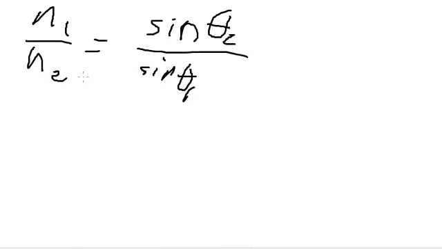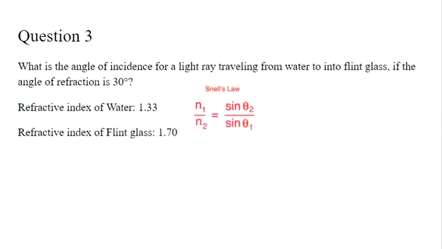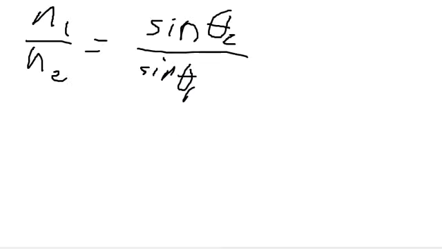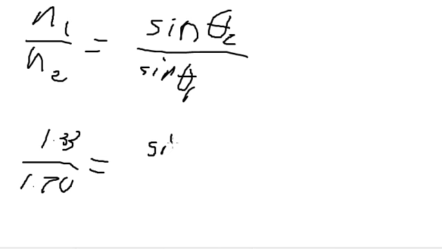So the refractive index of water is 1.33, and we're going to divide that by the refractive index of flint glass, which is 1.70. And this is going to equal the angle of refraction, which is 30 degrees, over the angle of incidence, which is sine theta 1.